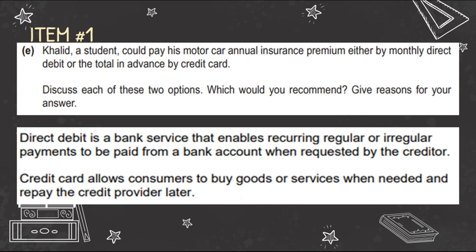And of course, you need to have your reasons for your answer. So let's talk about the direct debit. Direct debit is a bank service that enables recurring, regular or irregular payments to be paid. And when we say recurring, it means periodically or repeatedly. Again, it enables recurring, regular or irregular payments to be paid from a bank account when requested by a creditor.